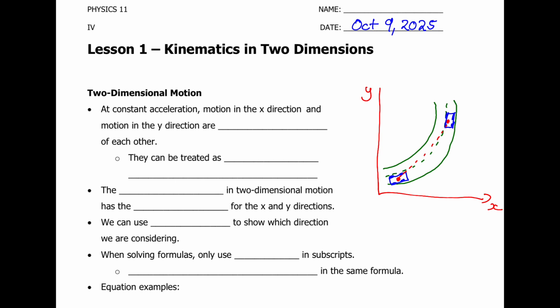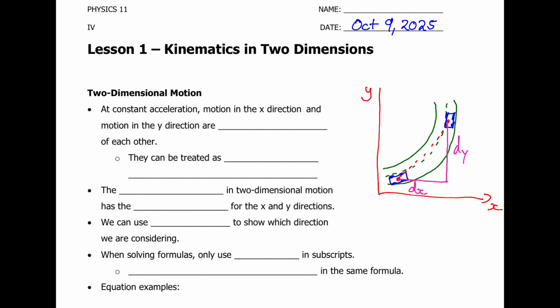And so even when I'm considering something like its displacement, it's going to have a certain amount of its displacement in the X direction and a certain amount of its displacement in the Y direction. So that's kind of what we're working with here.